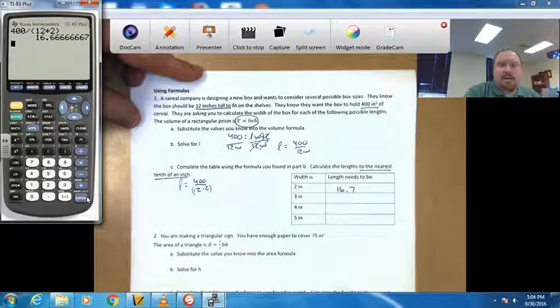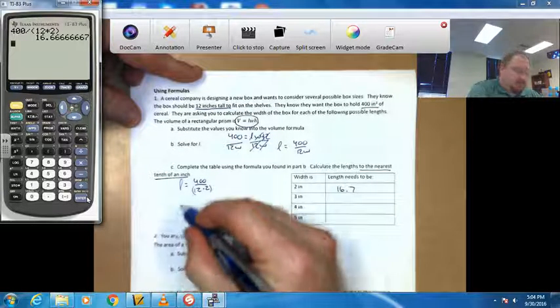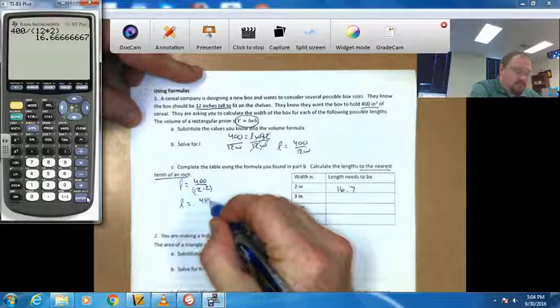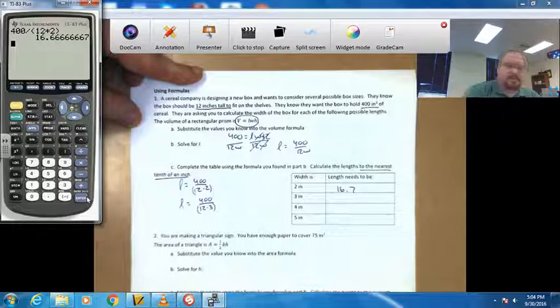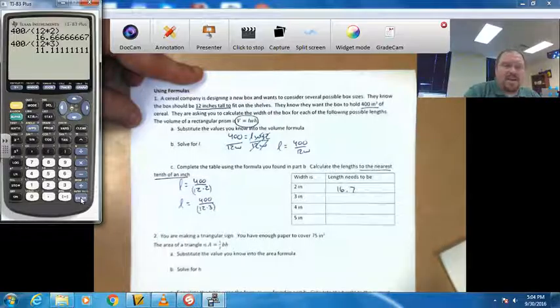Okay, now they want me to plug in 3. So I'm going to put 3 in place of the 2. Now, I'm just going to type that in. 400 divided by, parentheses, 12 times 3. I get 11.1 repeating.